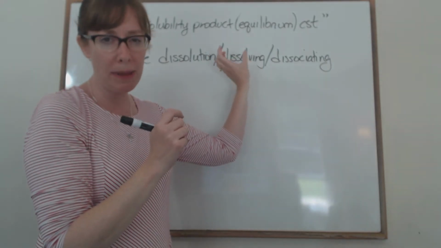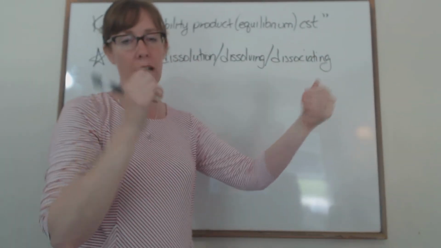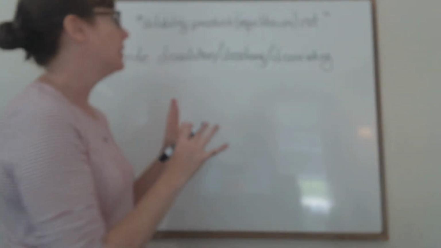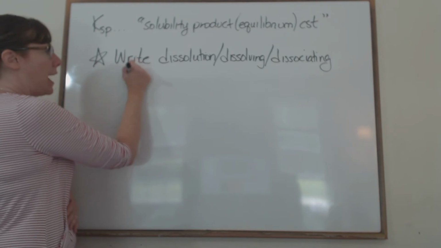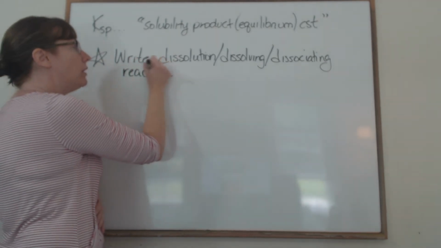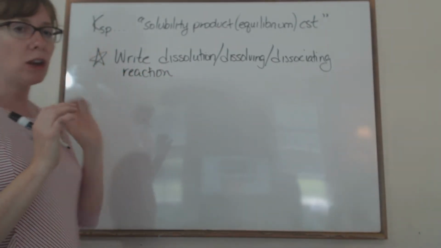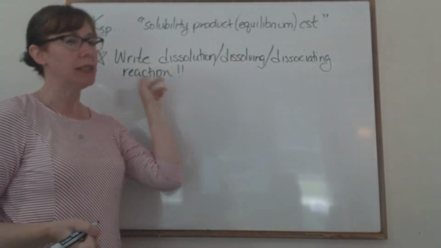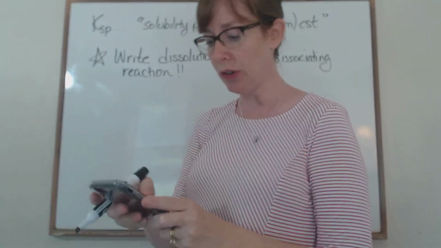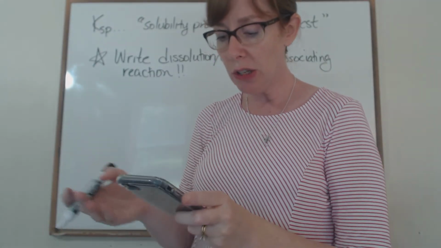But when ionic compounds dissolve, they dissociate, which is break apart. So whatever way you want to think about it, as long as you get there, just use that. But that's what you want to do. Whenever you're even having a question that involves KSP, you want to write the dissolution or dissociating reaction. So that's why it started with that question when it started introducing the topic. So let's just do that together.